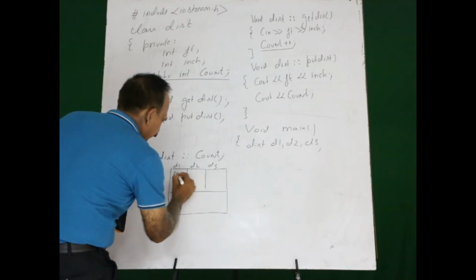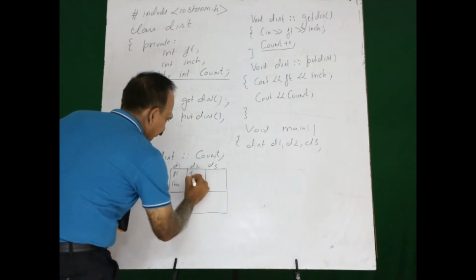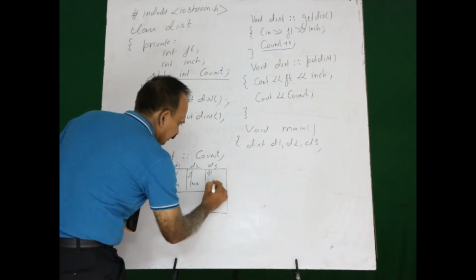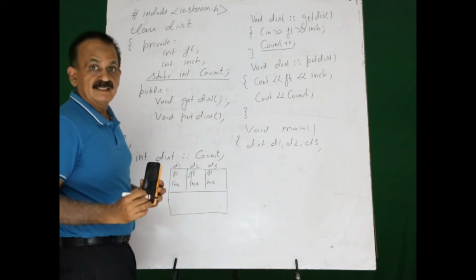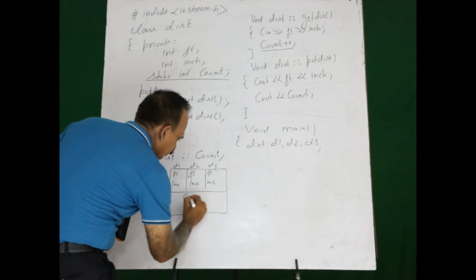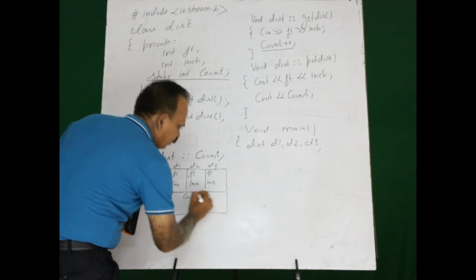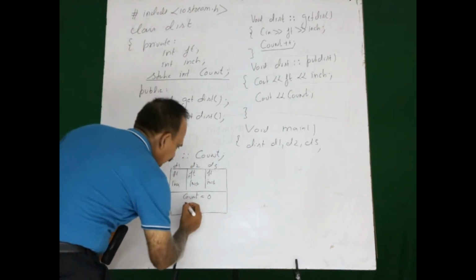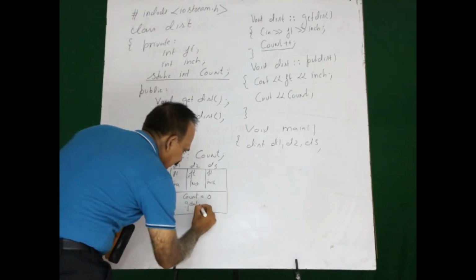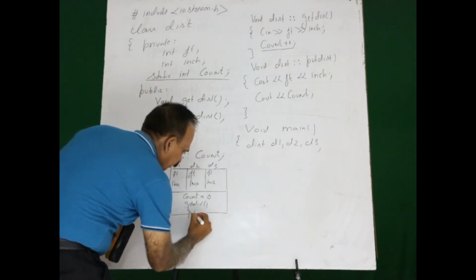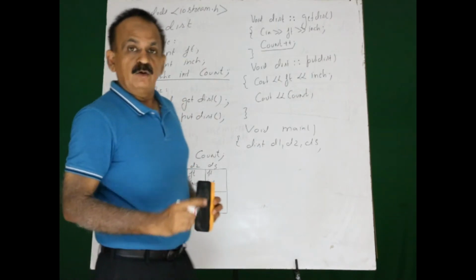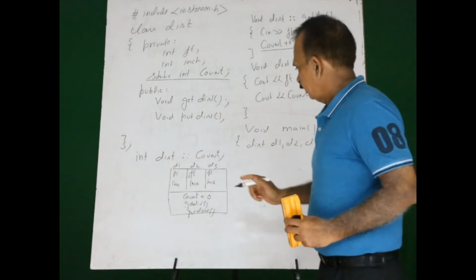No doubt feet and inch, feet and inch and feet and inch. Again instance variables. The next one is count, which is equal to 0. A class variable related to the complete class, and then get distance and put distance. Count is automatically initialized to 0.